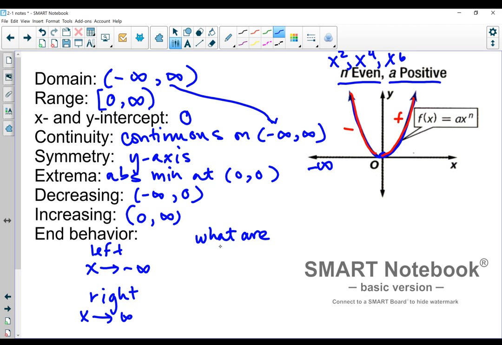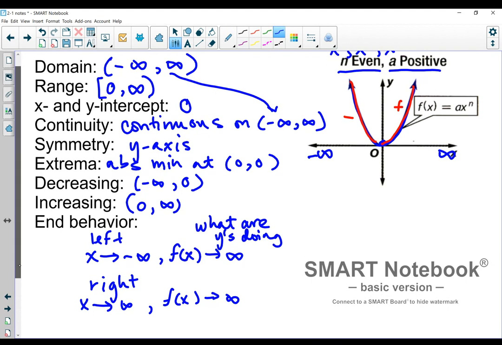And as I'm going to the left for x, my f of x, my y, is going up. So f of x is going to positive infinity. And as I go to the right, as I go towards positive infinity, what are my y's doing? My y's are going up. So f of x goes to positive infinity again.